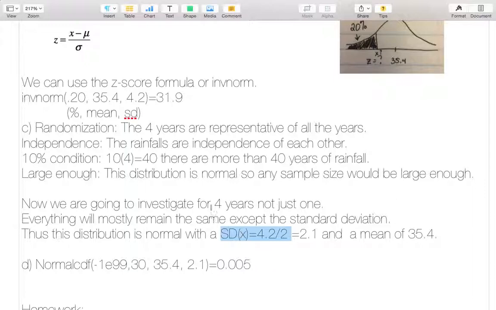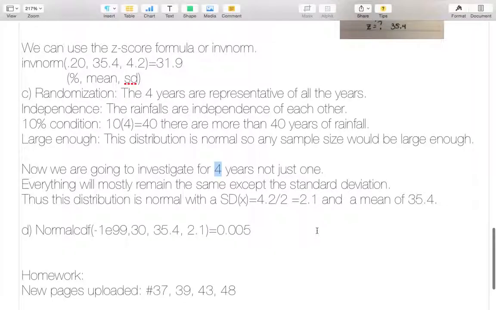No, because as you increase in sample size, we went from 1 to 4, the standard deviation, or in this case, spread, shrinks. If you remember the penny example, we went from the pennies to the nickels to the dimes to the quarters. What happened each time? Spread got smaller. And that makes a very big difference when you're talking about probability. So the standard deviation changed. Make sure that when we talk about sample sizes greater than 1, you do this part. Otherwise, it'll be wrong.